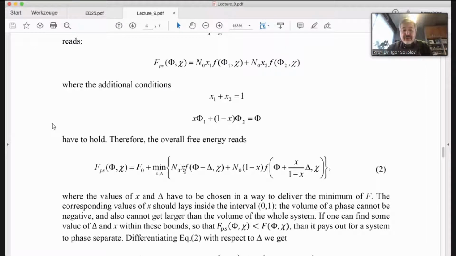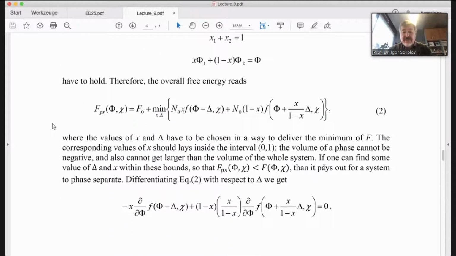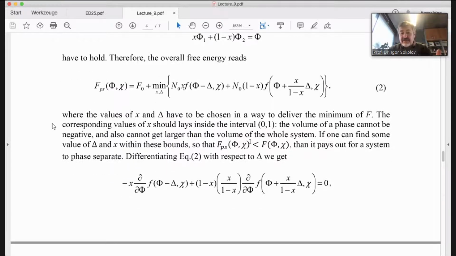And the volume of one phase now consists of n0 x sites, and the volume of the other phase now consists of n0 (1 minus x) sites. And now I have to minimize this function. To minimize this function, I have to differentiate it both with respect to delta, which is a free parameter, and with respect to x, which is now the free parameter.